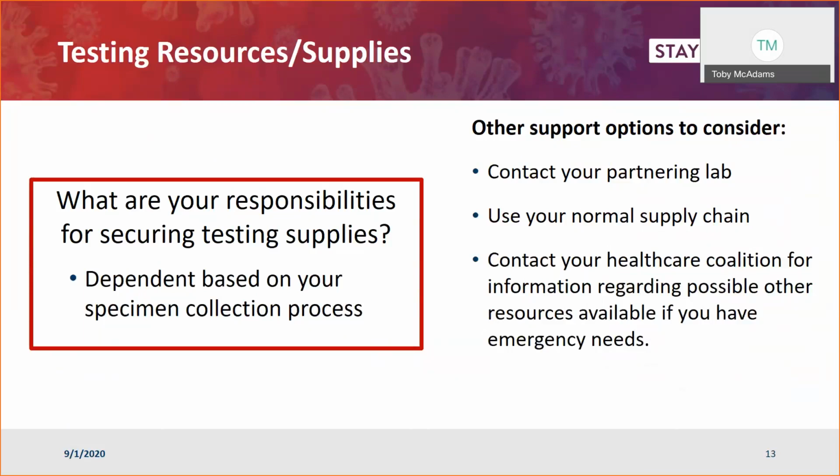So if you are doing testing in-house, so on your own, with your own team, or with a neighboring partner that is going to come out and do the swab for you, as long as you have supplies, you're going to want to know what you need to have on hand, what supplies lists, shopping lists do you need, right? You're going to want to ensure that you follow your normal supply chain. You'll want to also have an understanding in regards to your responsibilities if you go the route of contracting a mobile swabbing team.